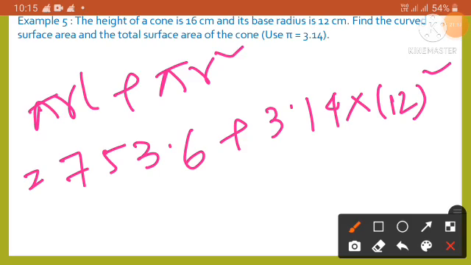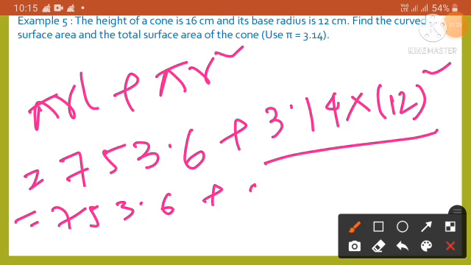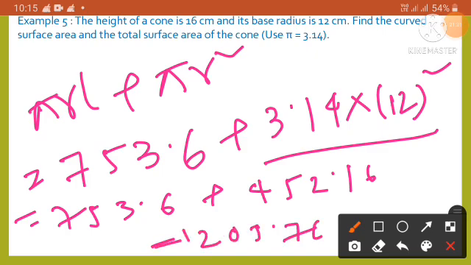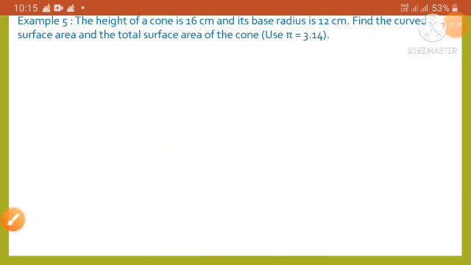Okay, so here we are getting 753.6 and on this side we are getting 452.16, so total 1205.76 centimeter square as the total surface area. Okay, got it? Go to the next.